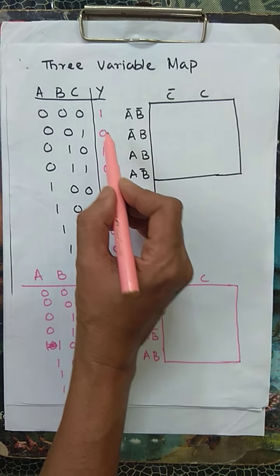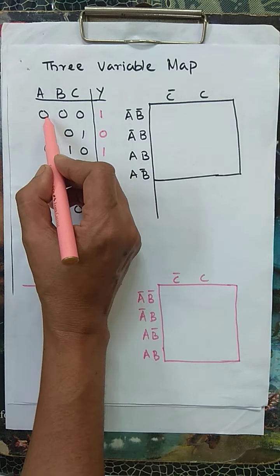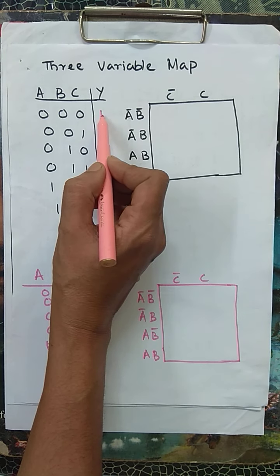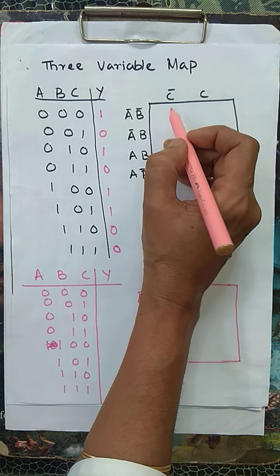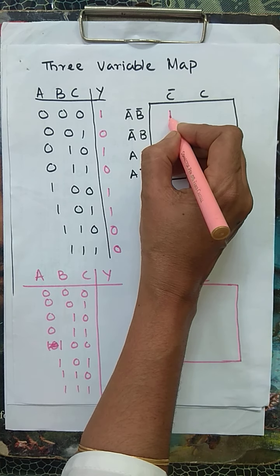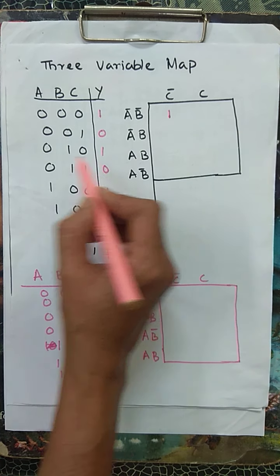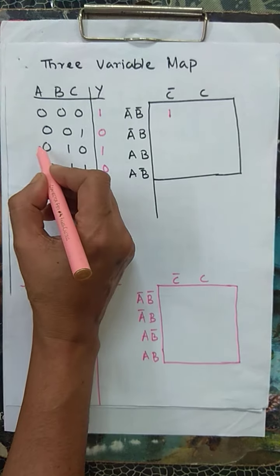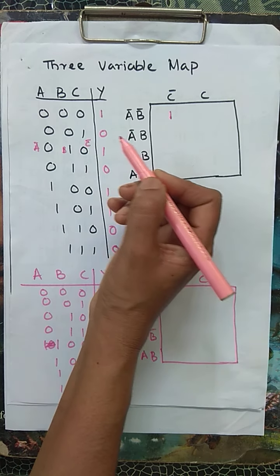Now let us see for what combinations you have the output high. A complement B complement C is 1. A complement B complement C complement, so here I'll get a 1, in this position. Now I get a 1 here, that is A complement, this is B, this is C complement.